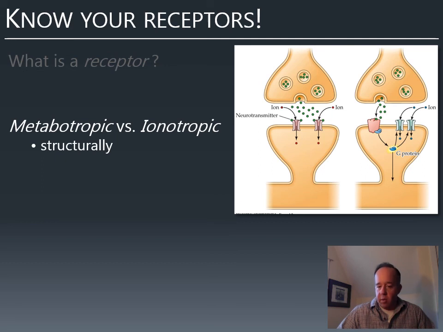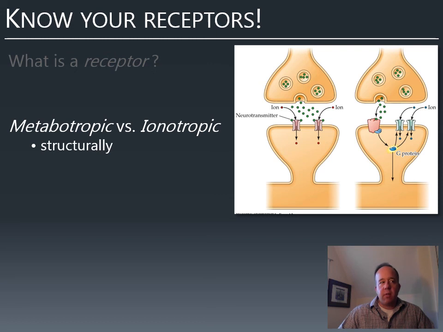So an ionotropic receptor has an ion channel that's part of the receptor. It's built into it. A metabotropic receptor has a part that the neurotransmitter binds to, but then it sends a chemical signal over to ion channels so that they can open. That process takes longer, but it's also important to know that those ion channels are not physically part of that receptor.